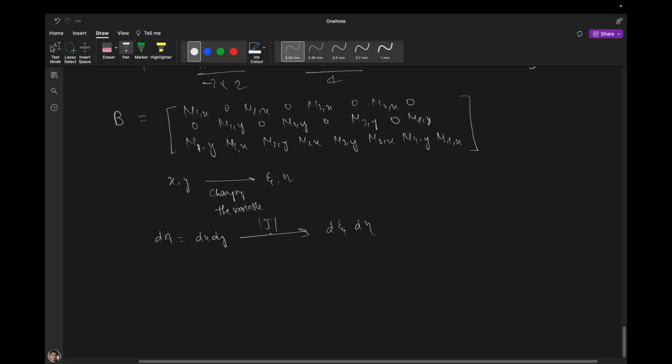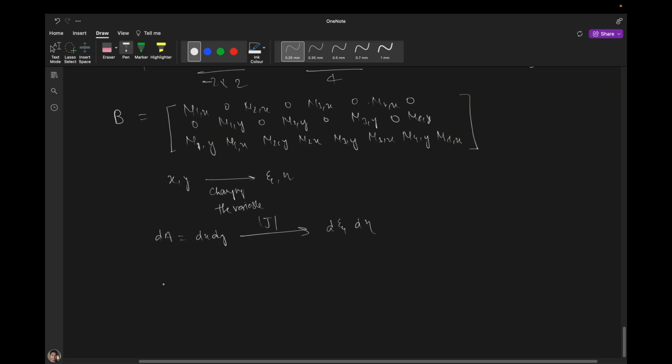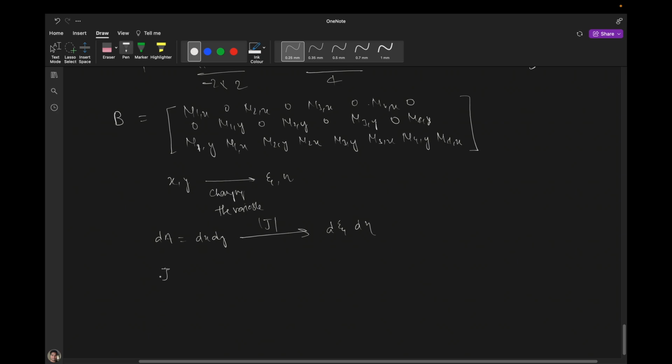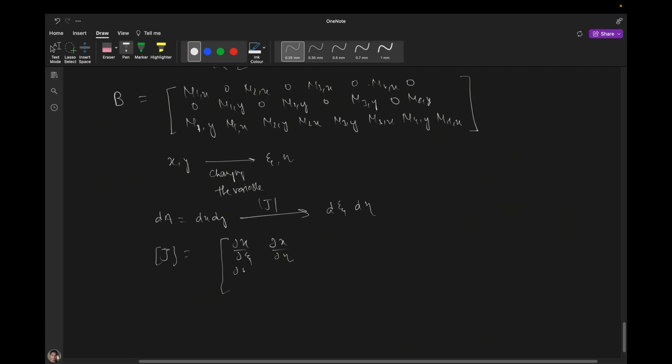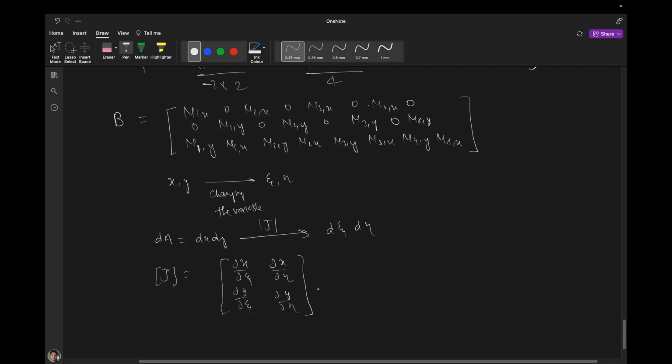Because by the multiplication of the Jacobian it will be changed to this. And what is this Jacobian? The Jacobian matrix was del x by del xi, del x by del eta, del y by del xi and del y by del eta.